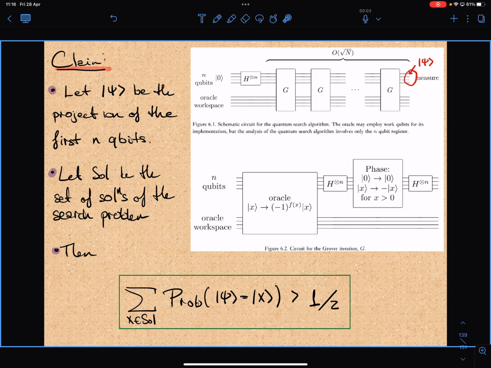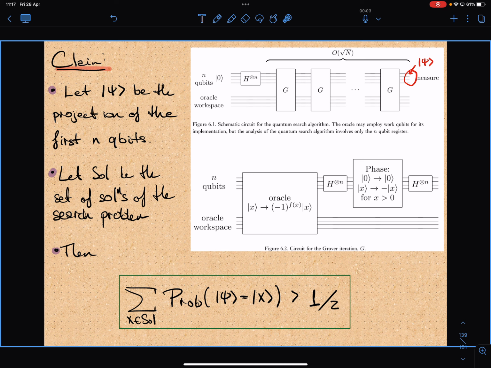That's something we'll discuss later, and that's related to the quantum Fourier transform. I think it's going to give you, with some probability, the number of solutions in your search problem. So you can make the search algorithm more robust. But this is the initial part where you assume you know the number of solutions.